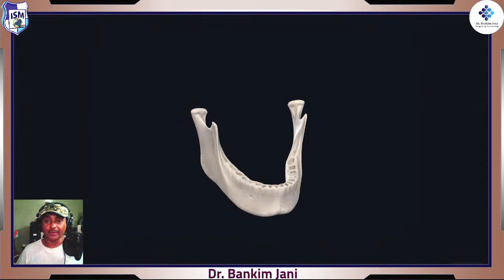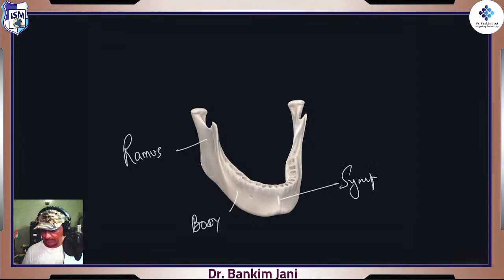Now let's isolate this mandible, because we want to know about certain things in more detail. One was this body. This was the ramus, and this in between, that was the symphysis.